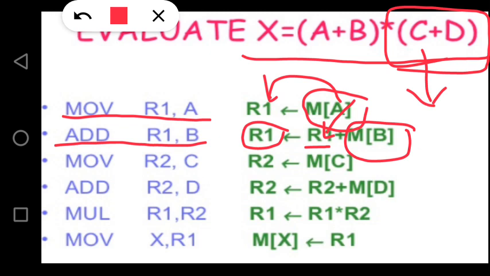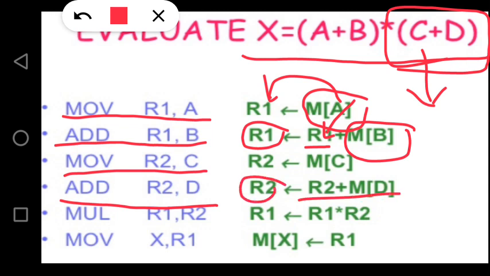Now let's take move R2 comma C. So the R2 register contains C. Add R2 comma D. So again the addition of the value stored in the register and memory location D is performed. Again the result is stored in R2. Now multiply R1 comma R2. When you perform multiply R1 R2, the result is again going to be stored in R1. Now move the R1 value to the X memory location.